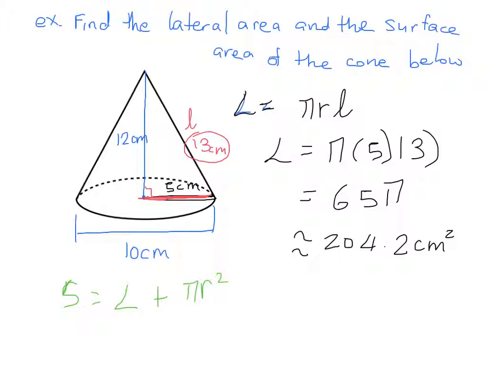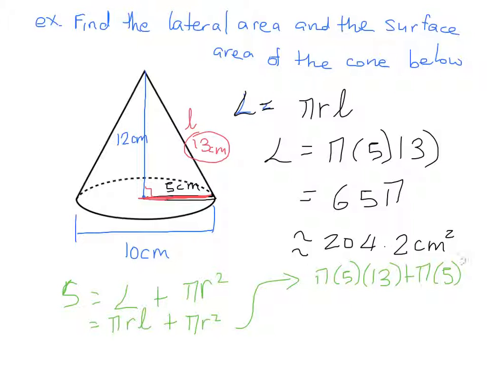I'll do the whole thing again, just so you get used to seeing it. Pi r L plus pi r squared. Pi r L, as we know, is pi times 5 times 13, plus pi times 5 squared.